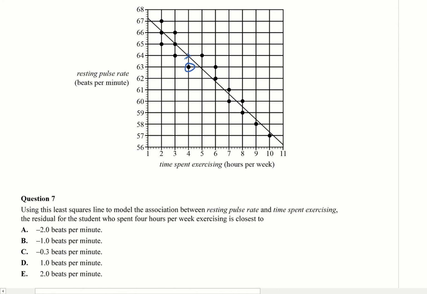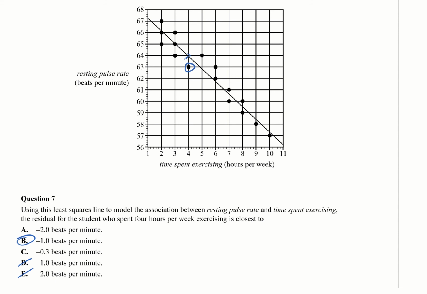So it's predicted minus the actual. So in this case, I'm going to rule out D and E straight up because of that. So we consider the predicted is roughly 64 and the actual's 63. So in this case, the answer is going to be B because it's going to be minus 1 beat per minute.